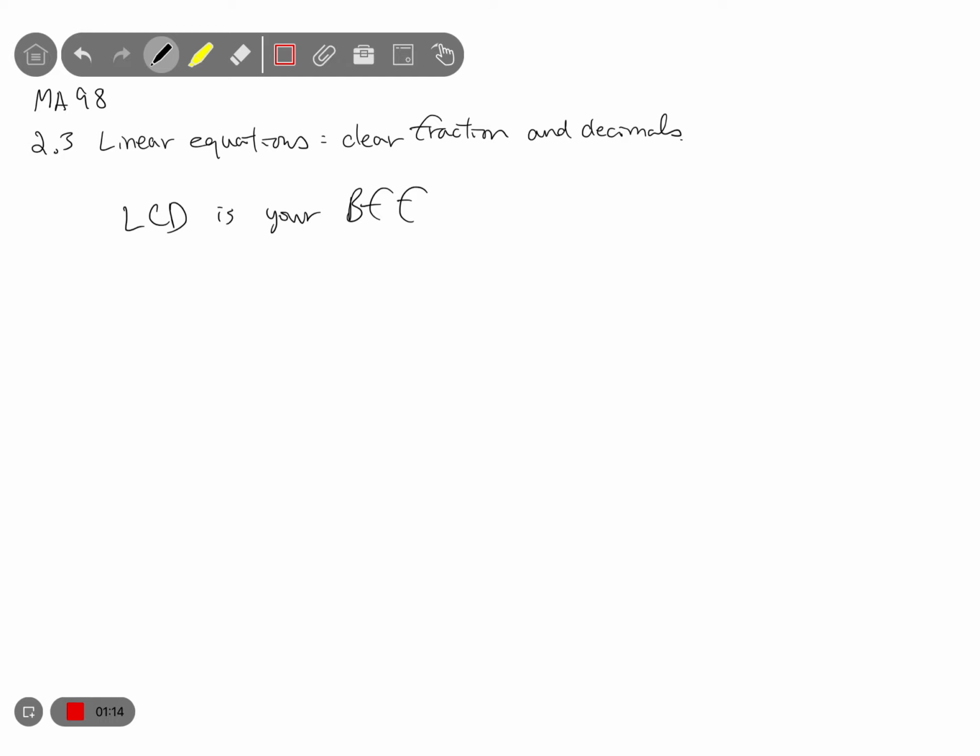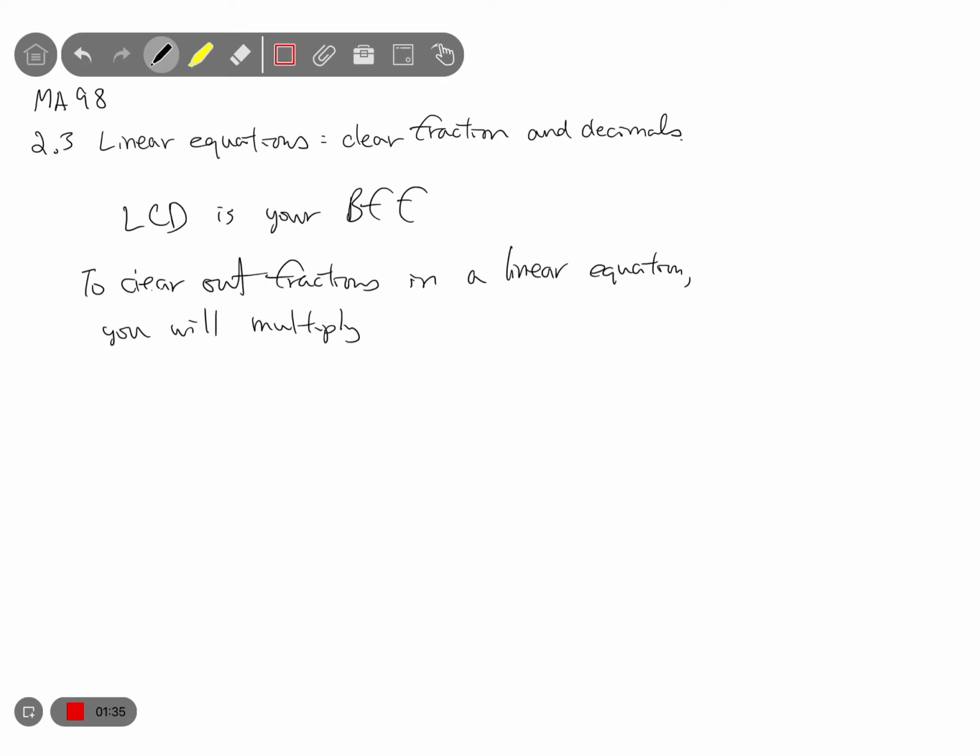So essentially, let's talk about how to clear out fractions to remind ourselves. To clear out fractions in a linear equation, you will multiply both sides of the equation using the lowest common denominator.